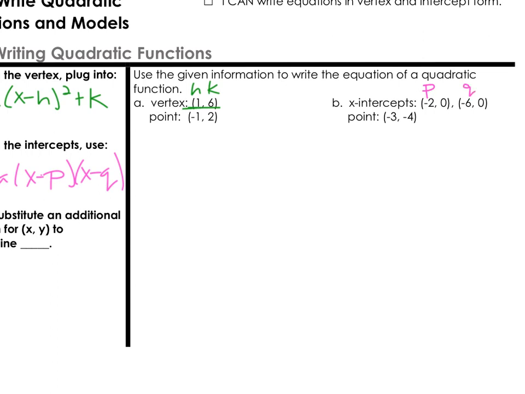Make sure that you're using the vertex and the x-intercepts appropriately. Those are the numbers you plug in first. That extra point is what you substitute in for y on the right and x wherever you see it on the inside and simplify. Make sure you know which answer is the final answer for each of these, and your answer has to be an equation on your test. So you need to have y equals in your final answer or it won't count for full credit.